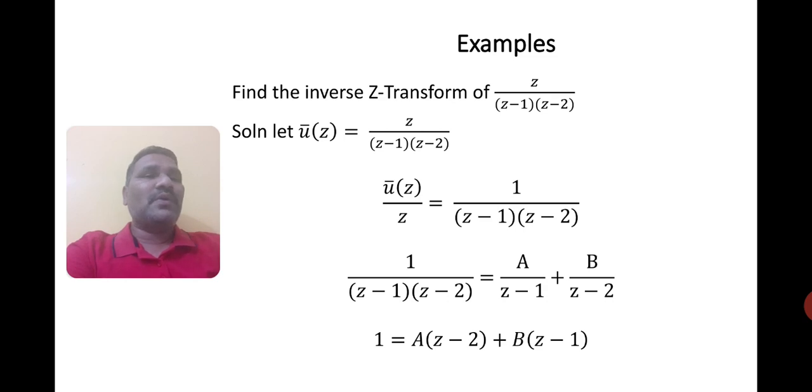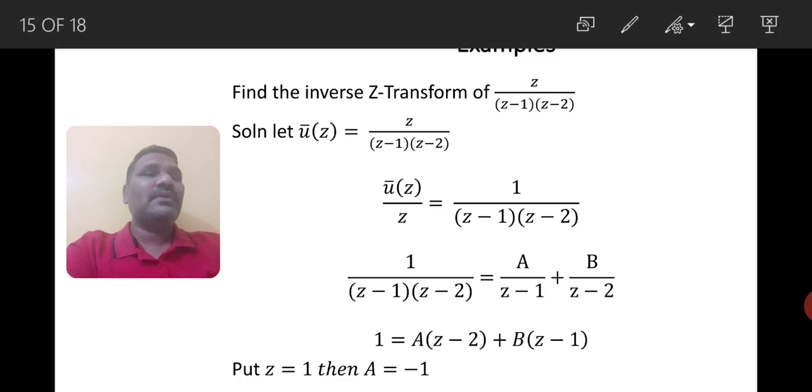If you cross multiply, you will get 1 is equal to A(z minus 2) plus B(z minus 1). Now put z equal to 1: B will get 0 and you will get the A value. A value is minus 1.